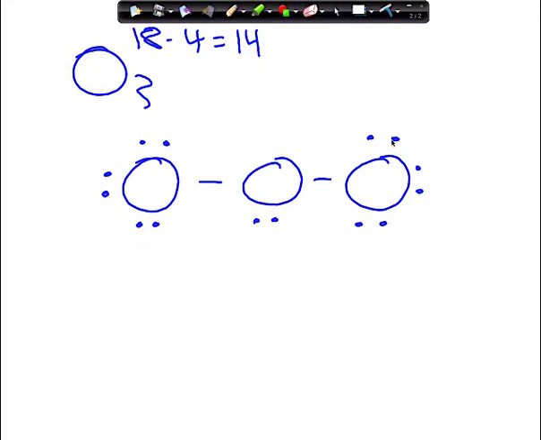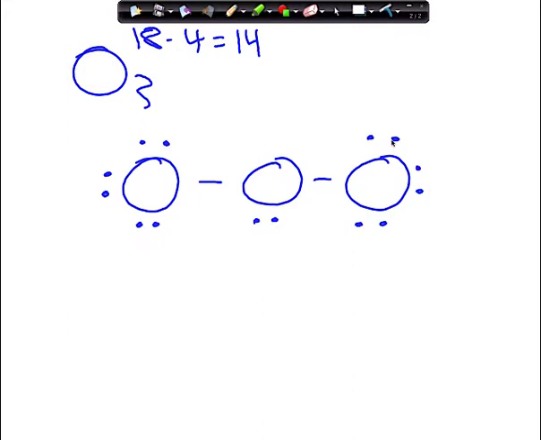Now, the outlying oxygens on the left and the right have full octets, yes? What about the central oxygen? It doesn't have a full octet. So what do we have to do? Create a double bond. Where? Do we create a double bond here? Sure. Can we create a double bond there?